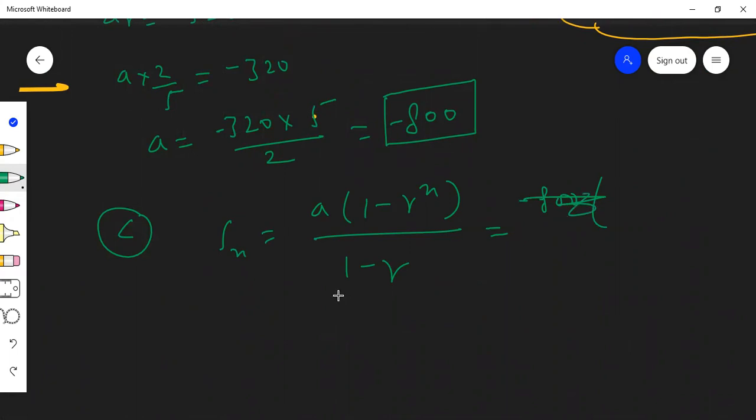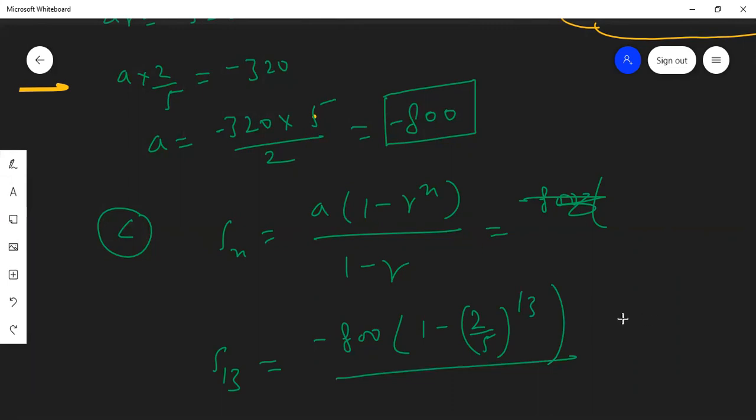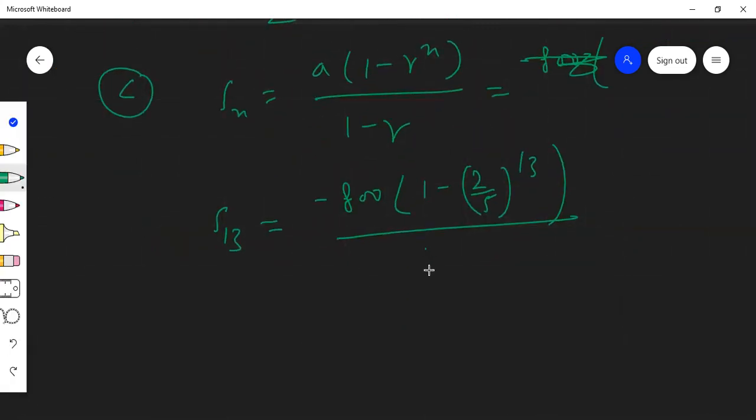S13 is equal to minus 800 times (1 minus (2 by 5) to the power 13) divided by (1 minus 2 by 5). This can be calculated using a calculator, and we can write it correct to 2 decimal places. That would be the sum of 13 terms of the geometric series.